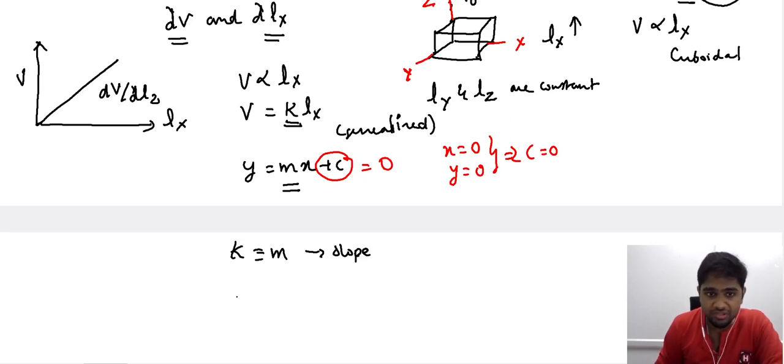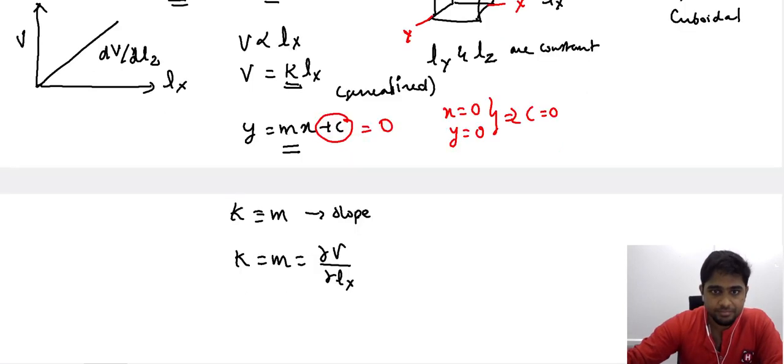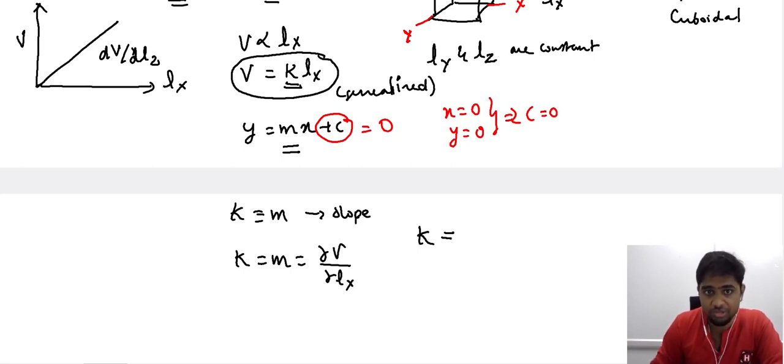So what we then have is K, or M, is dV by dLx. And this K, from this expression, if you consider this expression alone, can also be estimated as the ratio of V by Lx.